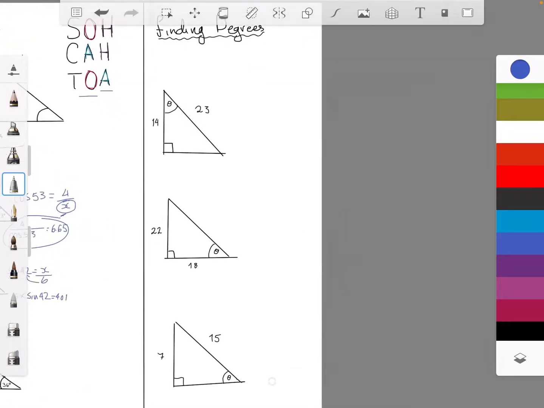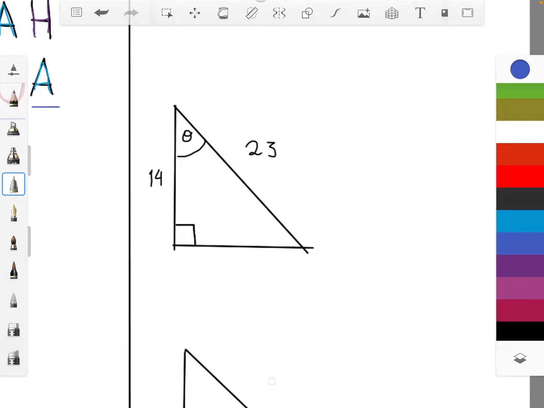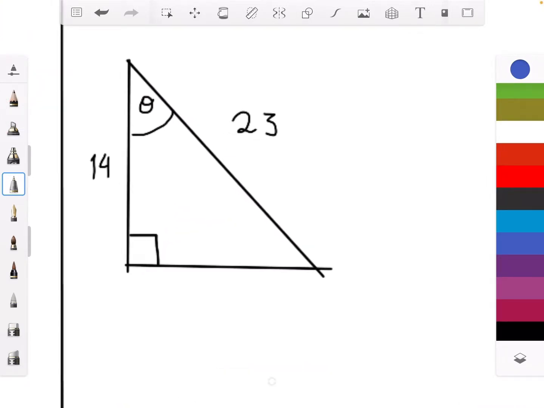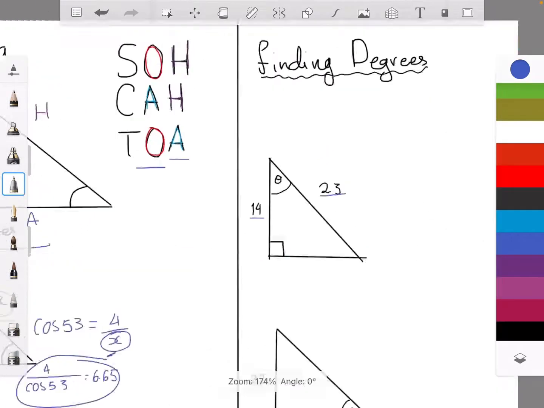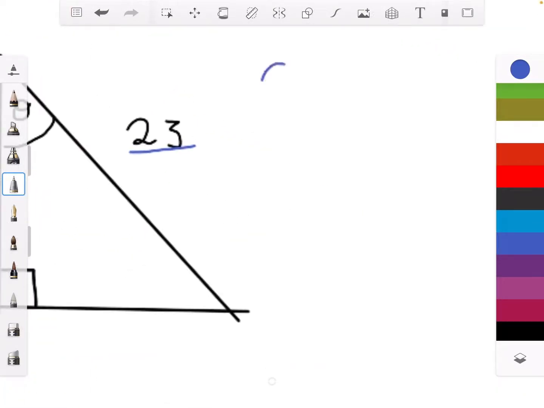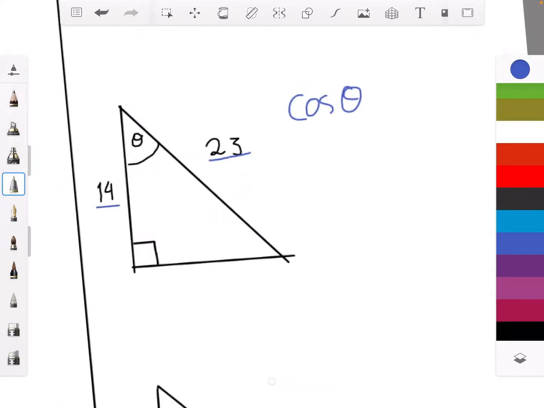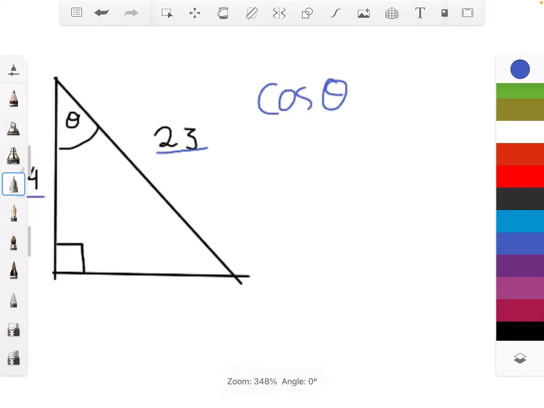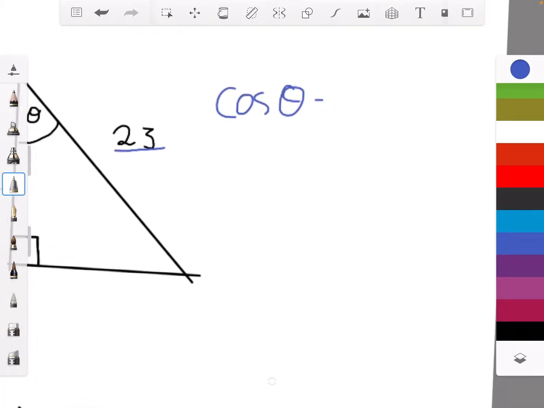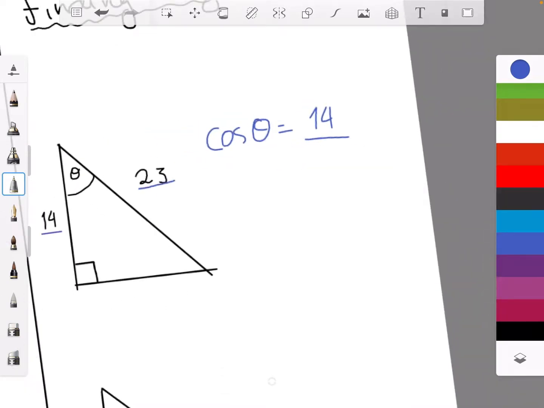Now moving on to finding degrees. Again, you have to see what you're given. You are given the hypotenuse and you're given the adjacent. Hypotenuse, adjacent, cos. So your formula would be cos theta, x equals 14 over 23.